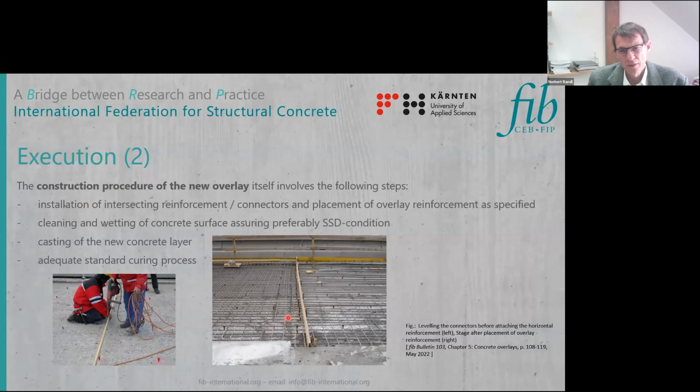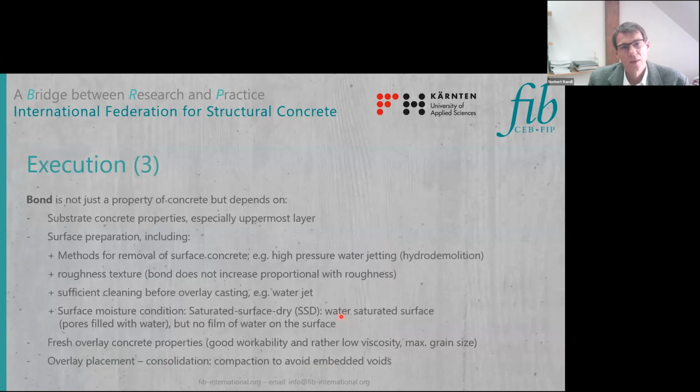Here you can see from a case study provided in the according chapter in the FIB Bulletin, the placing of connectors and the overlay reinforcement. And this, of course, is then leading to the main topic of bond. You have to clean and to wetten the surface properly to achieve good bond. Usually saturated surface dry conditions are to be achieved.